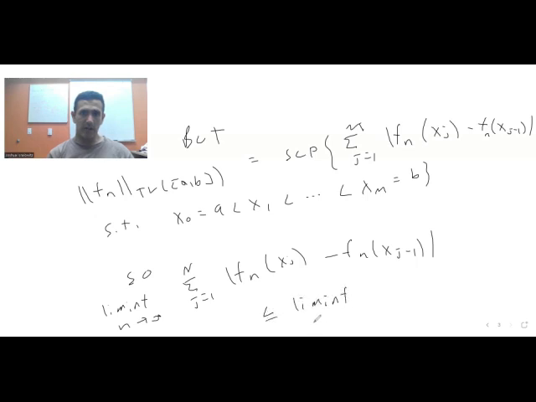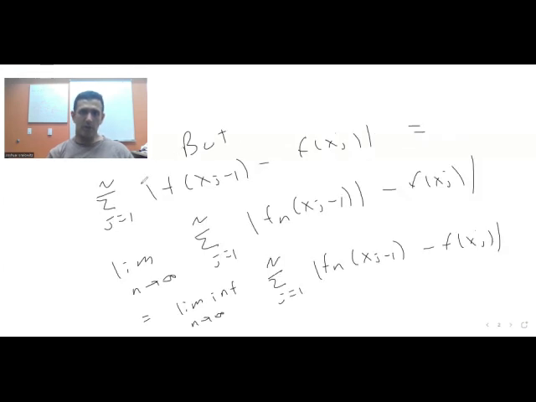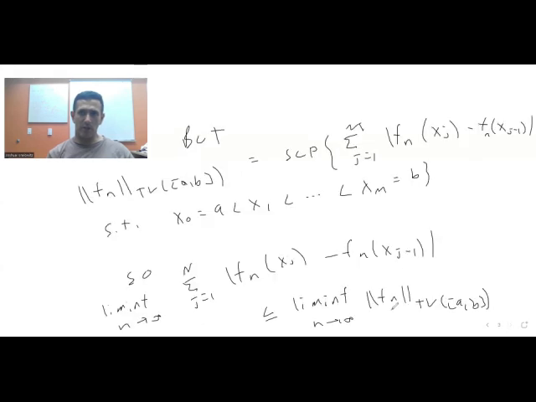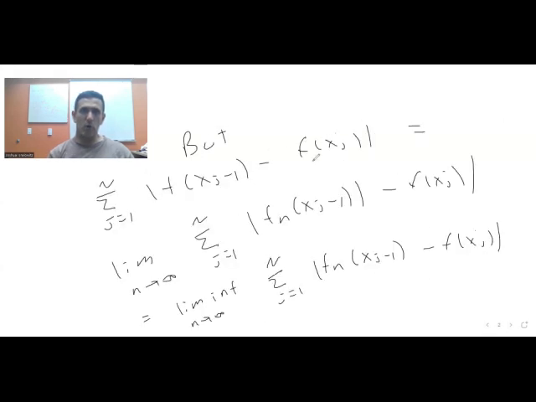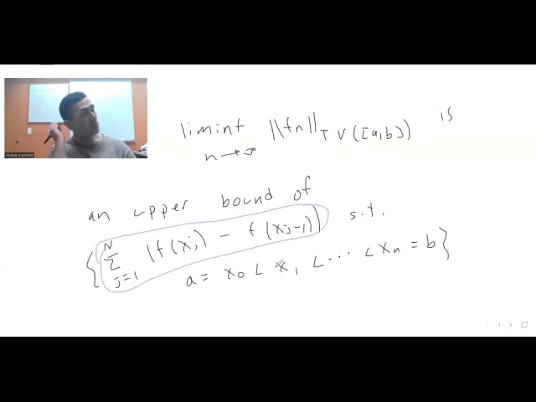I mean, that's literally exactly what we wanted to prove. Okay. This lim inf is an upper bound for all of these sums here, no matter what kind of partition we have, no matter how many partition points we have.